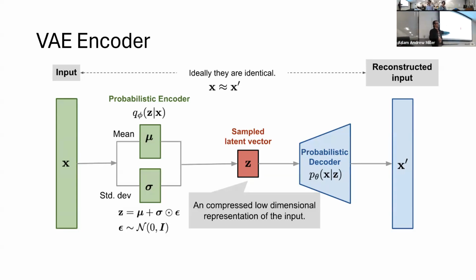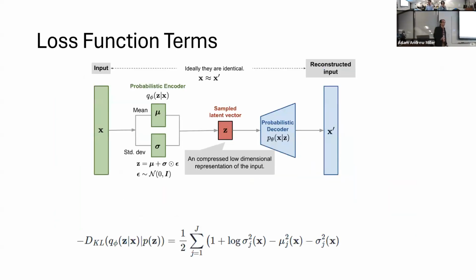We'll run this network, compute the difference between the two, and that's how we'll train the model to learn the parameters of each of these layers. I'm not going to get into this too much, but we will talk about this in the statistics session, which will probably be the next session. There's going to be another term related to forcing the latent space to have a normal distribution. This is a measure of how these different distributions differ from each other. You can think about this like a regularization term.